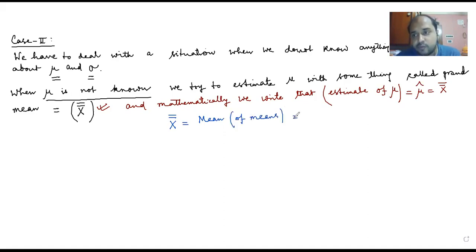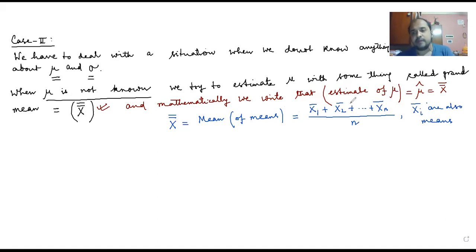If we want to write it explicitly, we write x1 bar, that is also a mean, x2 bar, plus dot dot dot plus xn bar. N items are there, so these individual xi bars are also means.